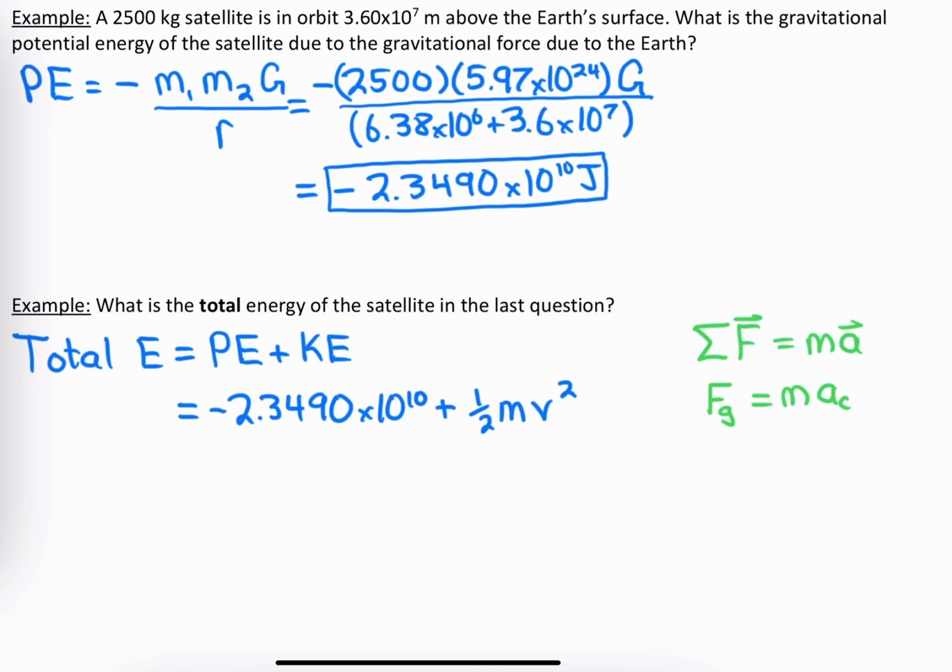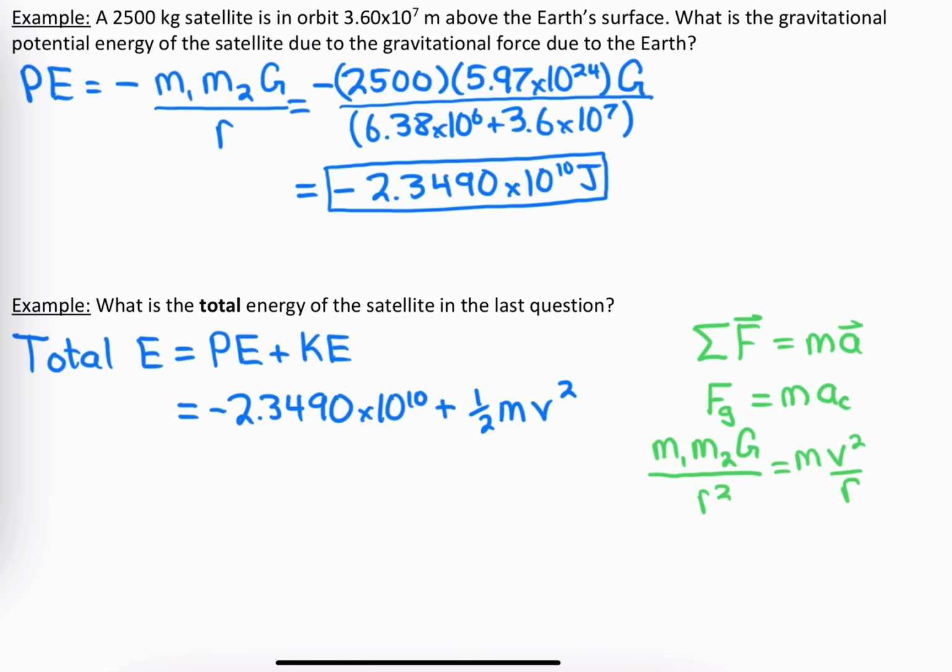The force can be calculated as m1, m2, big G over r squared, Newton's universal law of gravitation. And if I'm trying to find a formula for the speed of this object, I'm going to pick a formula for a_c that has v in it. And that leads me to v squared over r. So that should help me calculate the speed of the satellite.